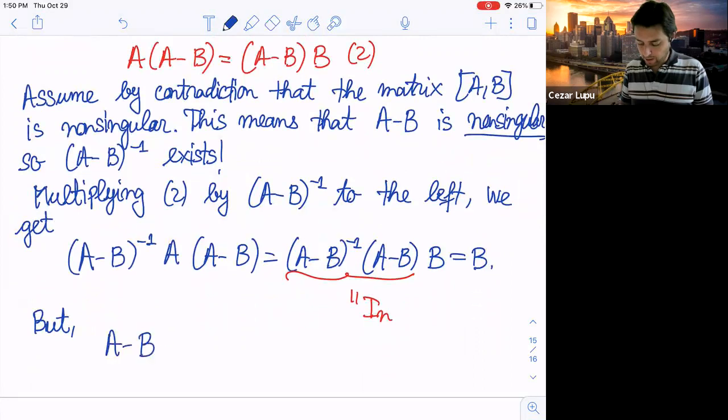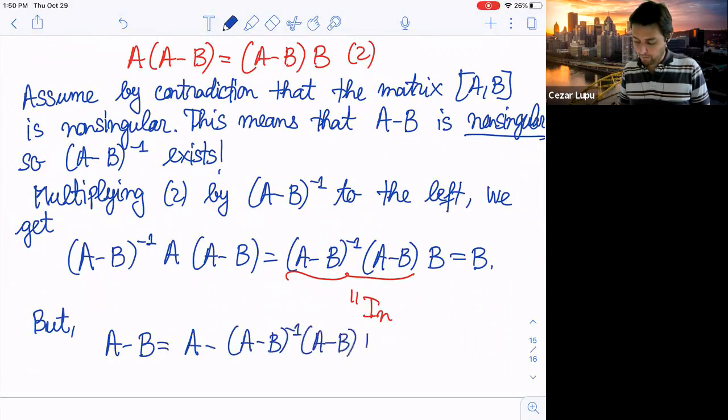If we look at this guy, it is nothing other than A minus B inverse times A minus B times B.